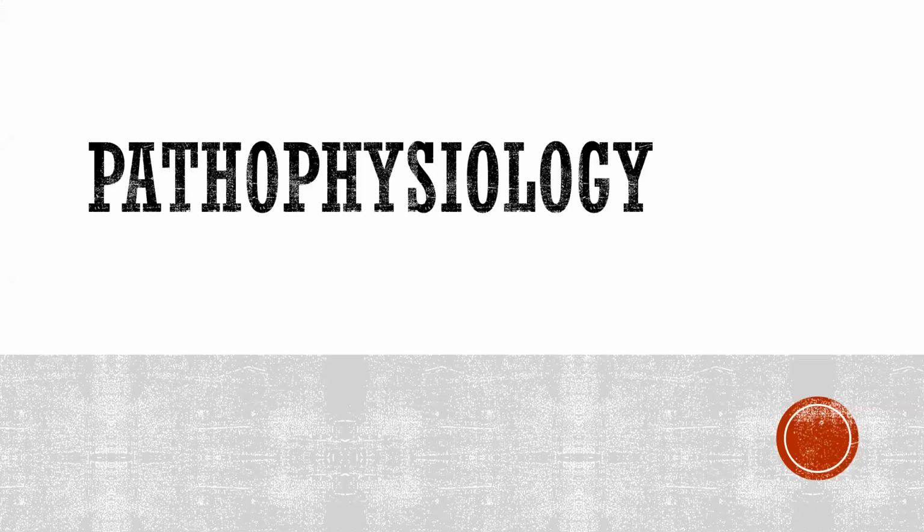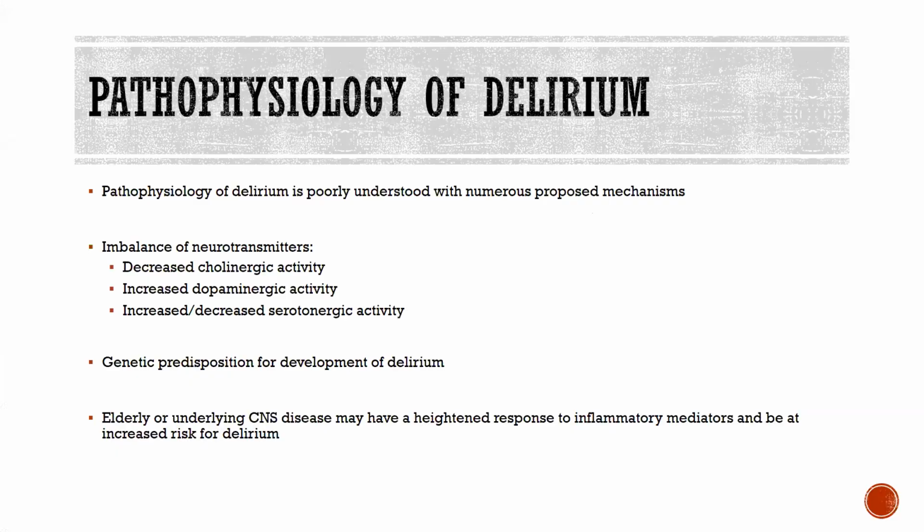So next I want to touch a little bit on the pathophysiology. Again, the pathophysiology of delirium is poorly understood, and there are numerous proposed mechanisms behind it. The underlying hypothesis that's favored right now is that there's an imbalance of different neurotransmitters, suggesting decreased cholinergic activity along with increased dopaminergic activity, as well as increased or decreased serotonergic activity.